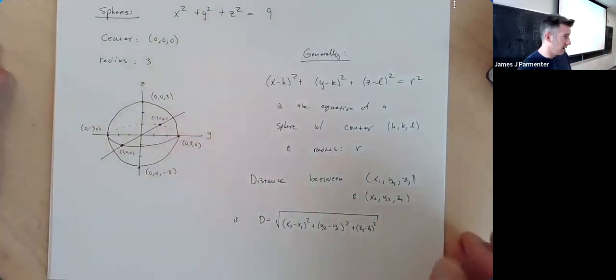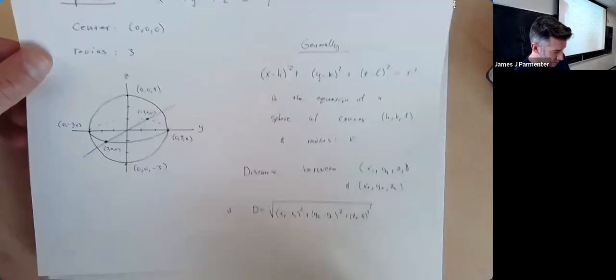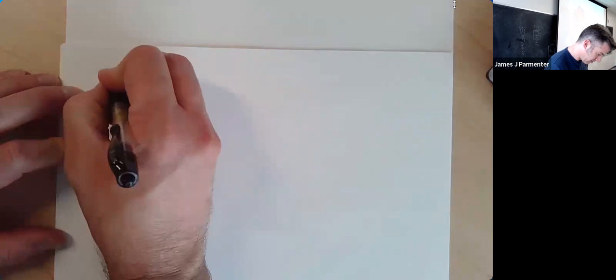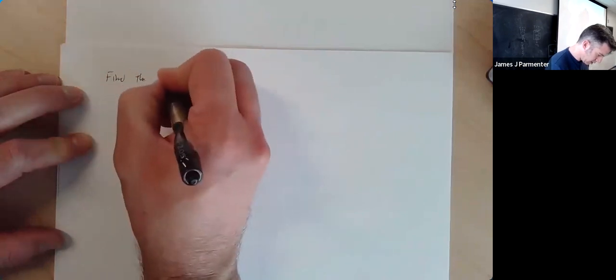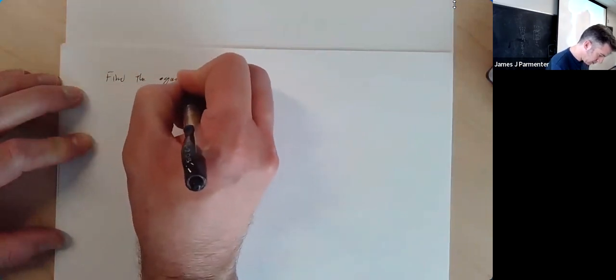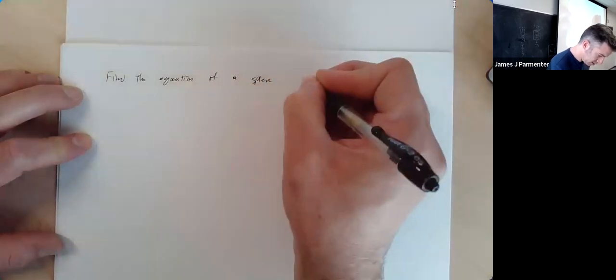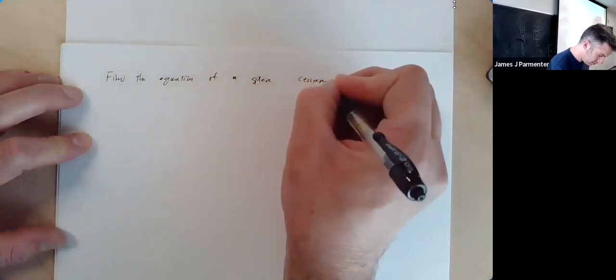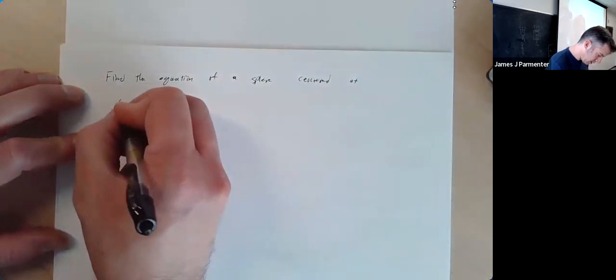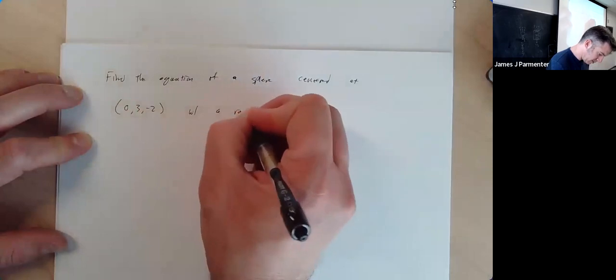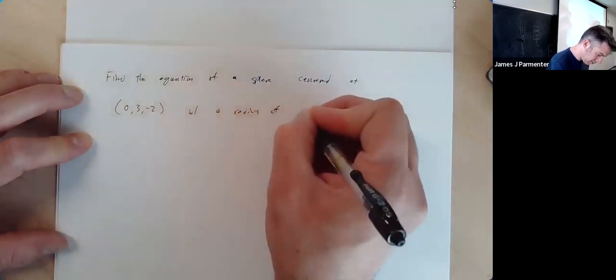And so, in fact, let's find the equation of a sphere centered at 0, 3, -2 with a radius of 4.